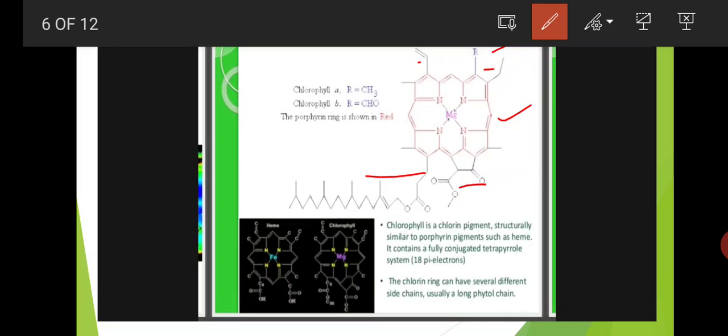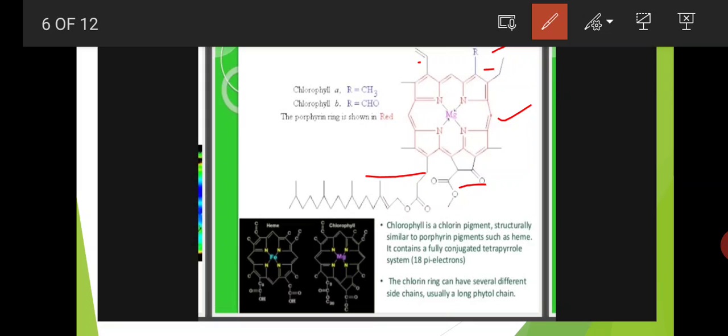It contains a fully conjugated tetrapyrrole system, same as hemoglobin. This conjugated tetrapyrrole system is called the porphyrin ring. The chlorin ring can have several different side chains, usually a long phytol chain is also there.